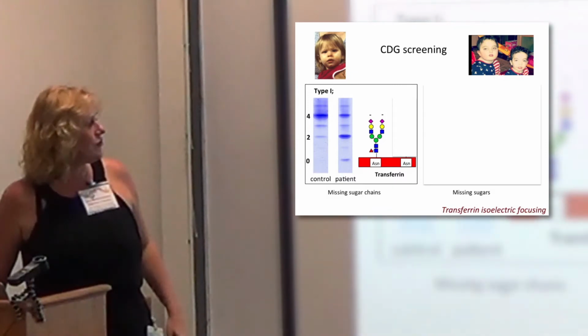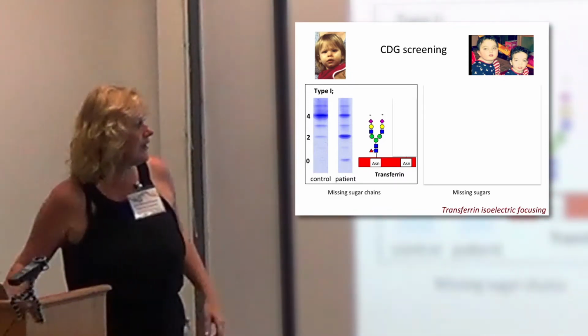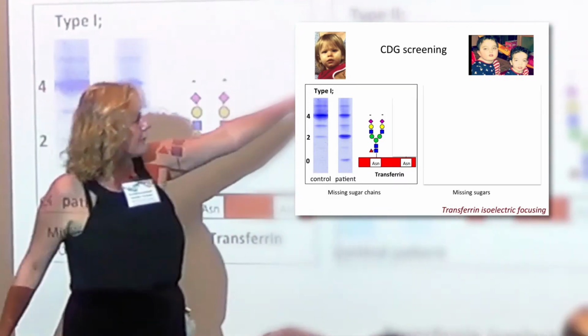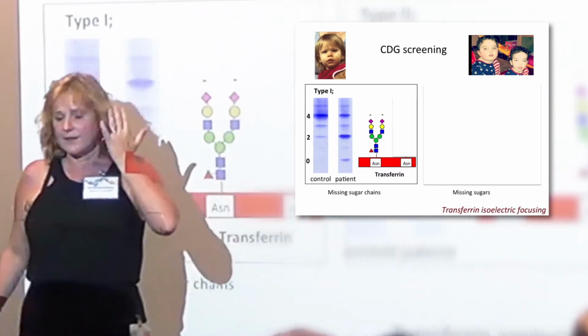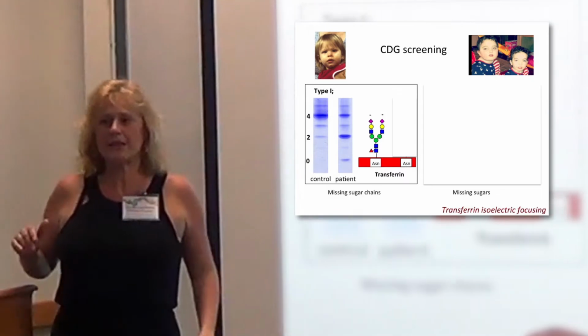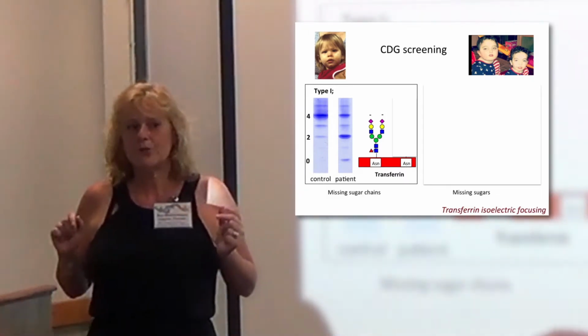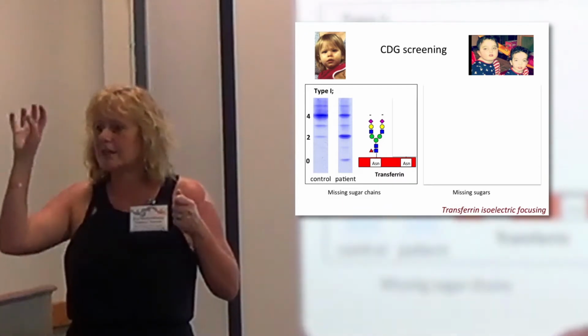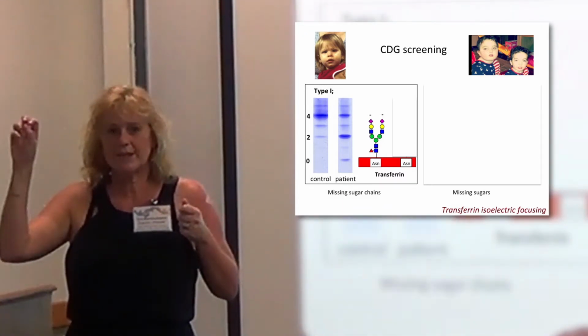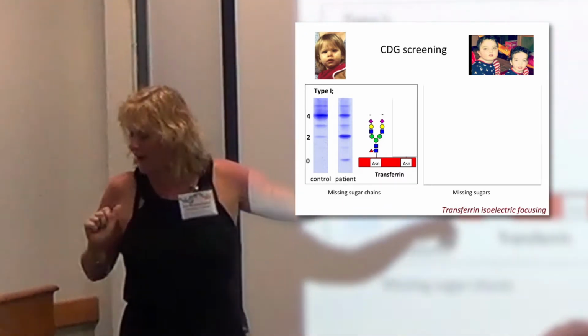Compared to type 2 CDG, we will see this is a completely different pattern. The reason for that is in type 2 CDG, we have so-called truncated glycans. So the sugar antenna is missing sugars at the end. And that can vary.